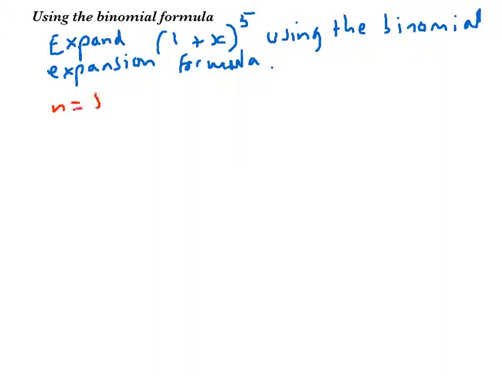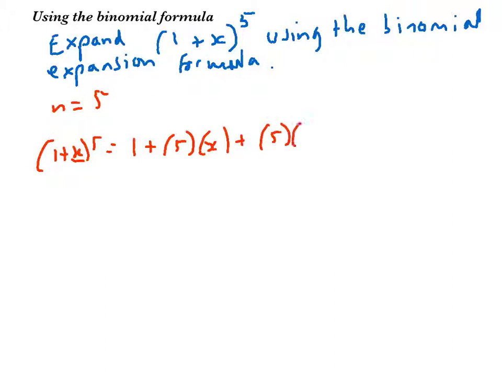So here in this example, n must be 5, mustn't it? So, using my expansion formula, 1 plus x all to the power of 5 equals 1 plus 5, and then whatever is here, it's x, isn't it?